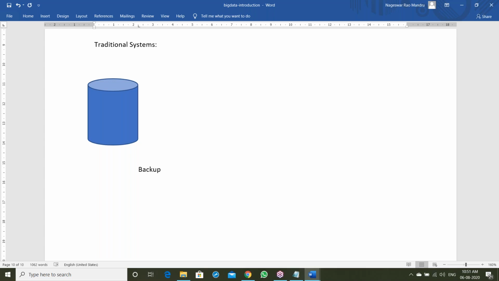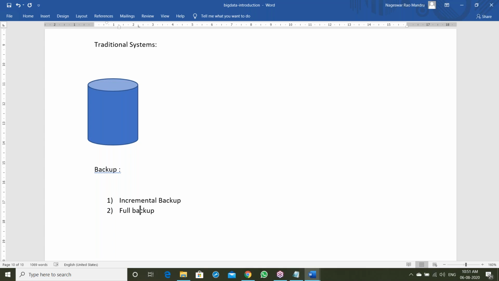In a traditional system, there are two types of backups. The first one is incremental backup. The next one is full backup. What is the difference between these two?